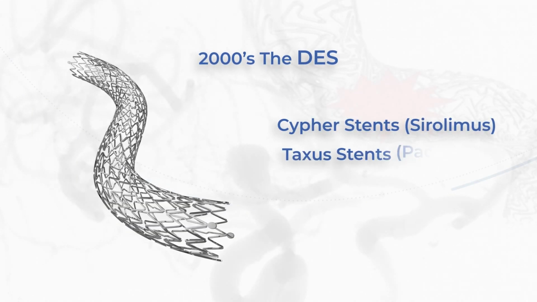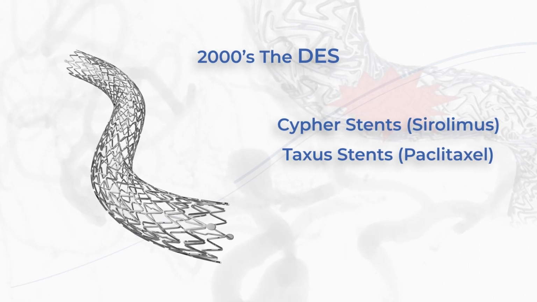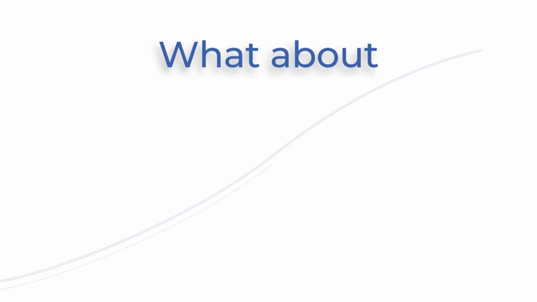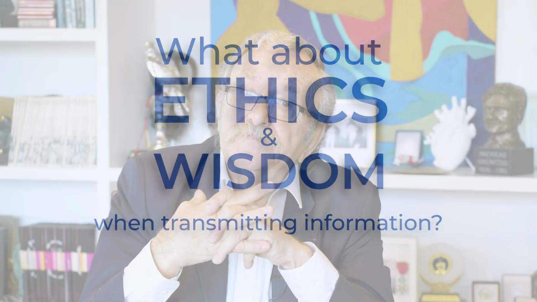The risk of thrombosis and the risk of restenosis being overcome, a new fever has emerged: off-label indication of the implantation of DES with multiple overlapping stents, bifurcation stenting, and others. Again, what about ethics and wisdom in transmitting information?